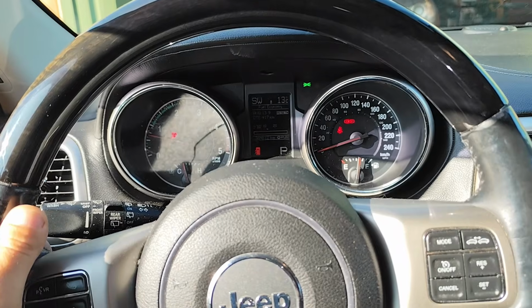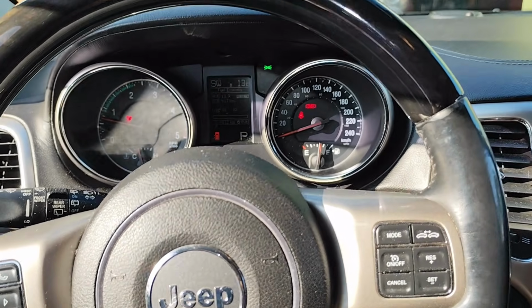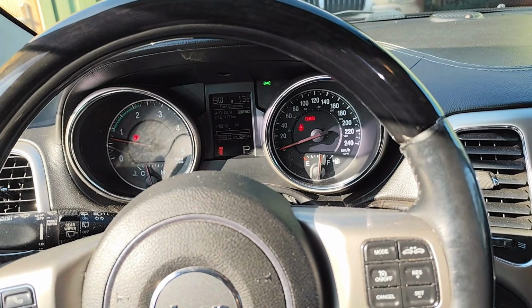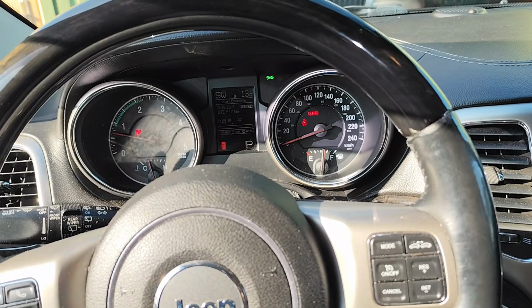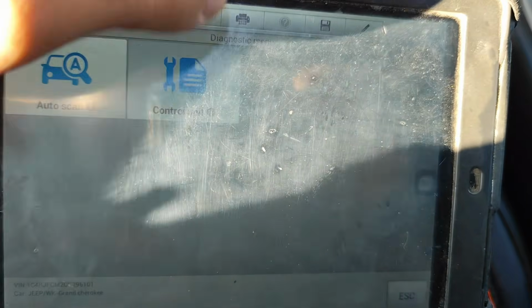So first of all, as always, I plug in my diagnostic scanner to see what the fault codes are. So let's try to look at the fault codes.